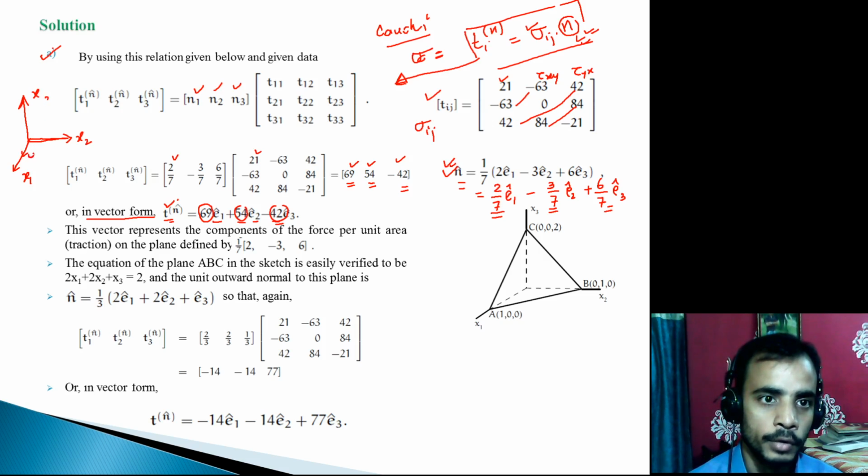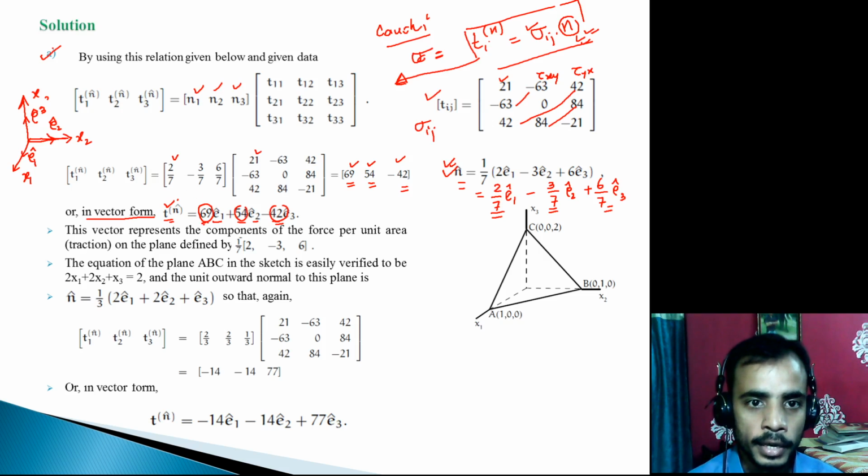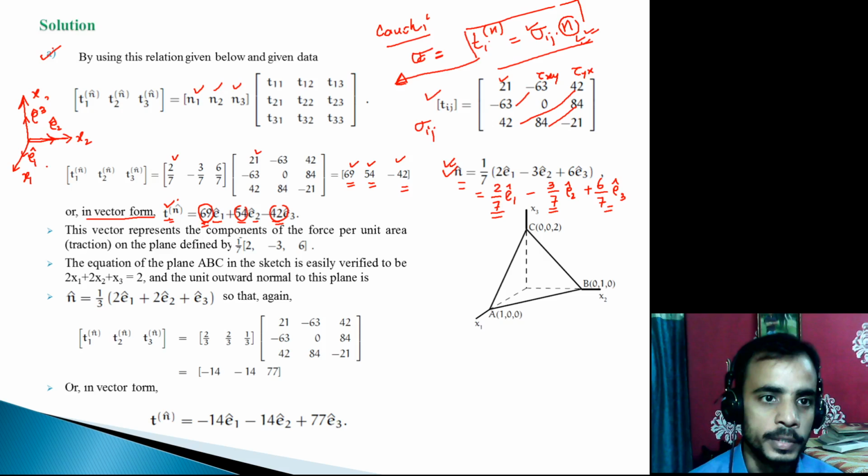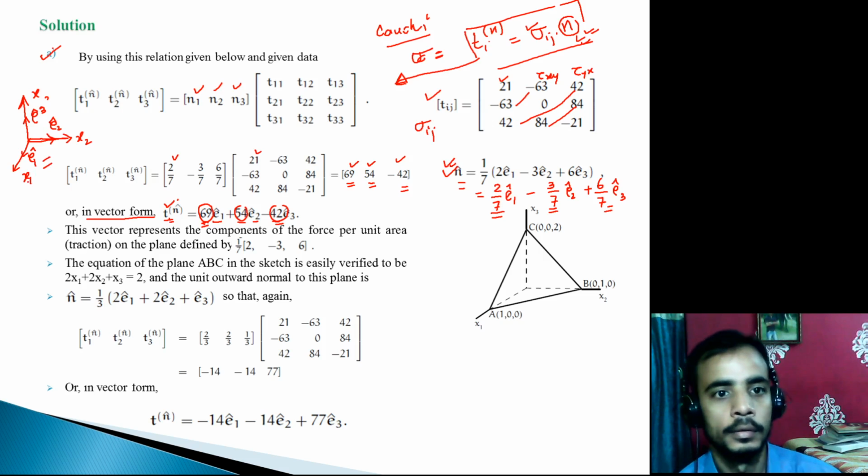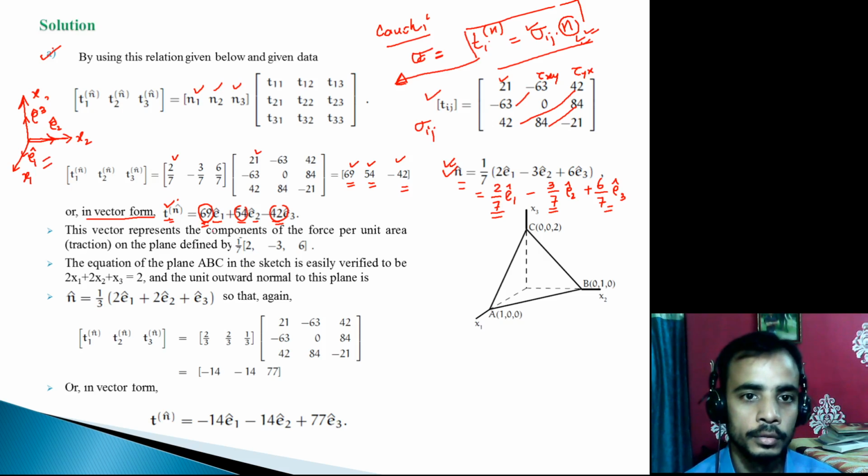So along x_1 you have e_1, along x_2 you have e_2 and along x_3 you have e_3. Okay, so that means this 69 is the component of this traction vector on a plane whose normal is basically e_1. Clear? So this is the component of this traction vector on a plane which is perpendicular to the x_1 axis. Clear? Nothing else. Similarly 54, 42.